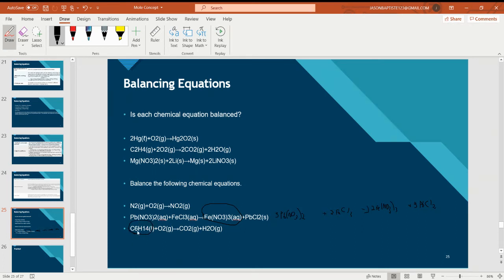So that's the C6H14. So let's balance this. Let's write this again. We have C6H14 plus oxygen for combustion to give us carbon dioxide plus water.